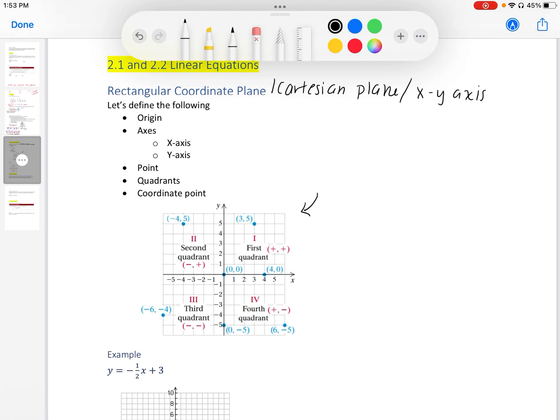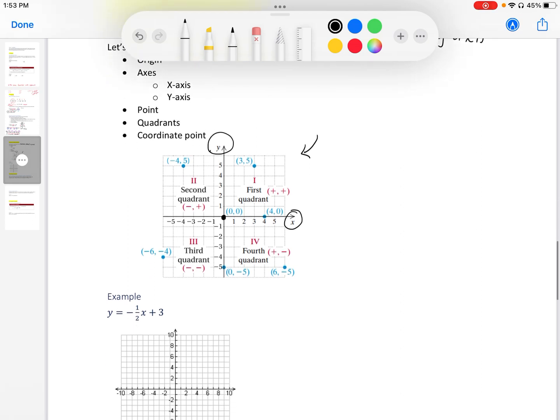And this is how we'll proceed to graph most of our future functions. We have our x-axis, which runs from left to right, and our y-axis. Our middle point where they meet is called the origin. It's also the point 0, 0. And these 4 parts that are created are called quadrants. We start with the first one and then go counterclockwise.